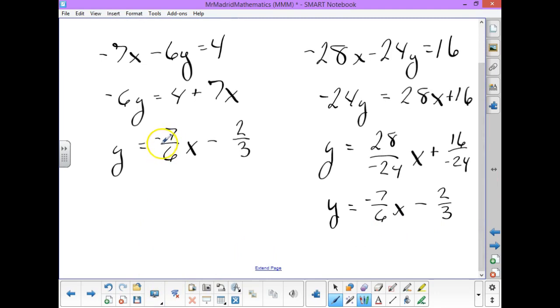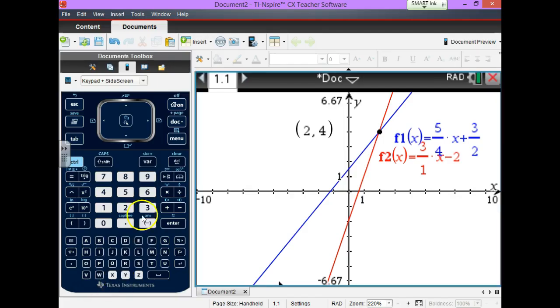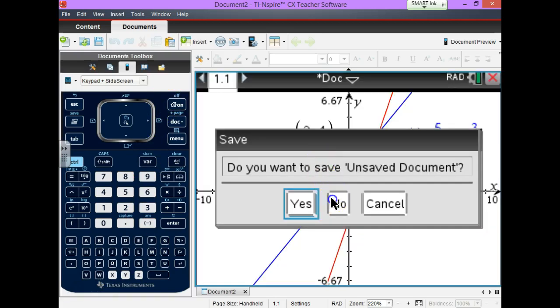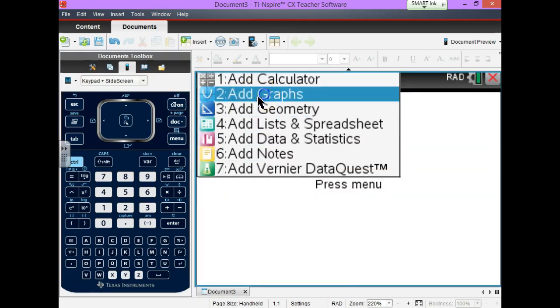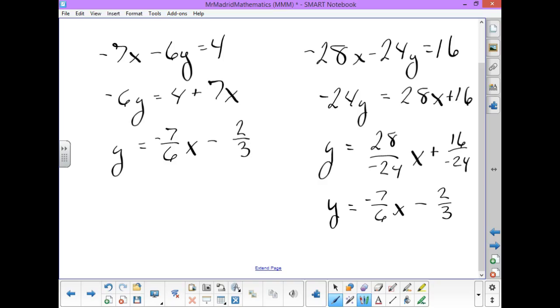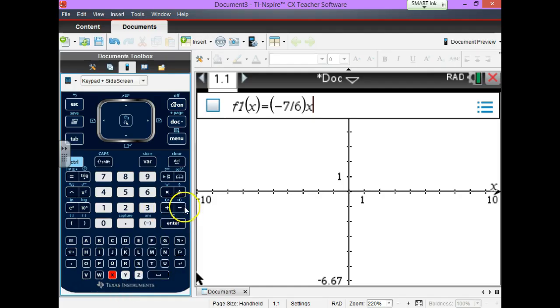So -7/6x minus 2/3. And I'm putting them in parentheses just because of conversations we had in the past. I'll hit enter.